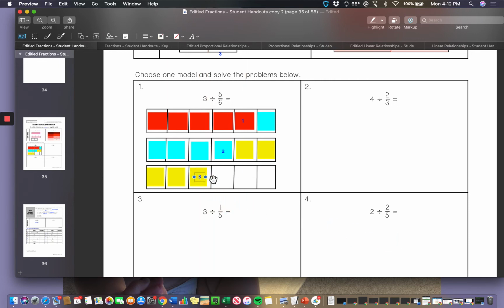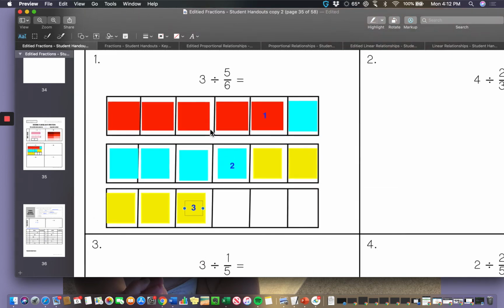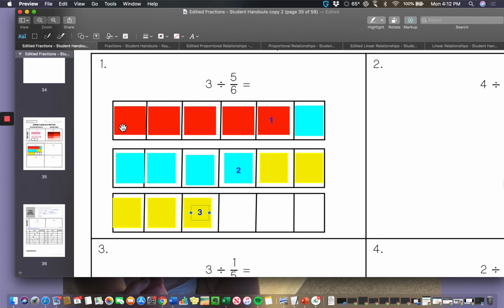Alright. So now I have some leftovers here, but now you have to realize that you've created a whole new bar. So your bar kind of ends here. So now, this is a total of 1 here. And what are the red spaces? What is this whole thing broken up into?